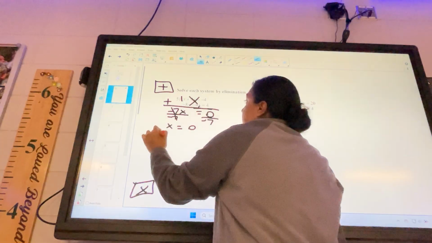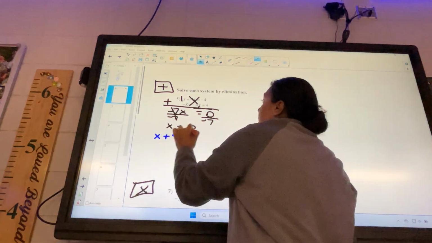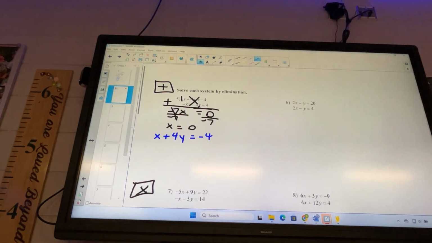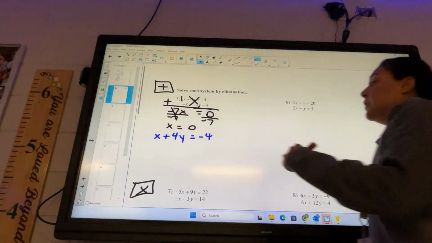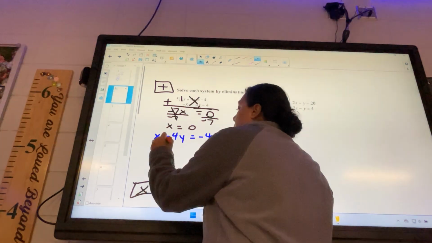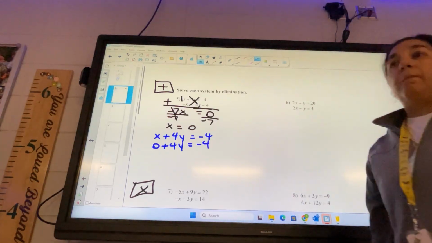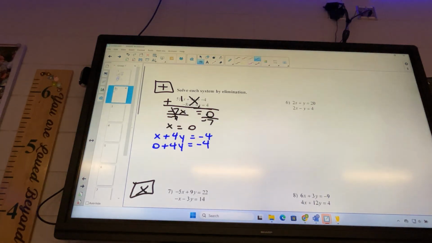Okay, so the top says x plus 4y equals -4. What are we plugging in to where? We're plugging the 0 in for the x. So it's going to really look like 0 plus 4y equals -4. Okay, then what needs done?